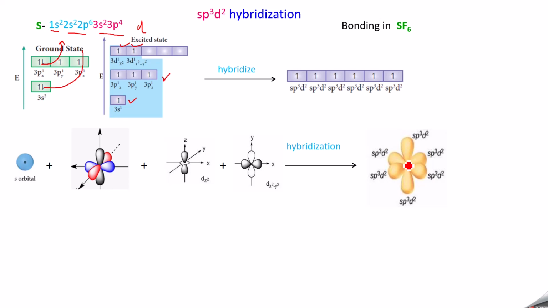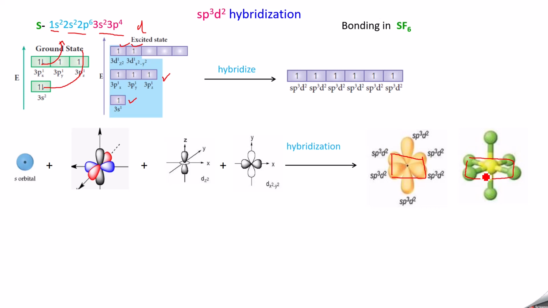So you have the orientation like this. These will be in one square plane, and these two sp3d2 hybrid orbitals will be perpendicular to this plane.